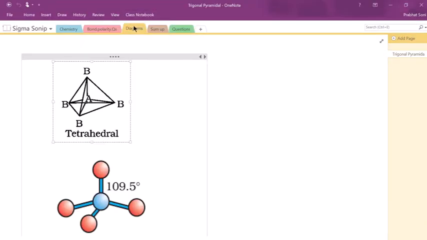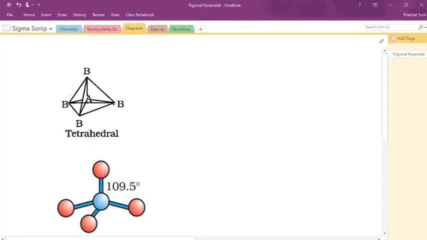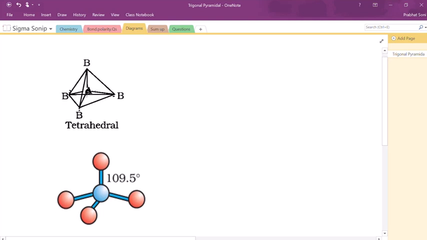So this is what a tetrahedron looks like. Here you got these 4 corners, and your sphere is in the middle here, and your 4 sticks will go along the corners. And if you find out the angle between any 2 of these sticks, it will be 109 degrees.